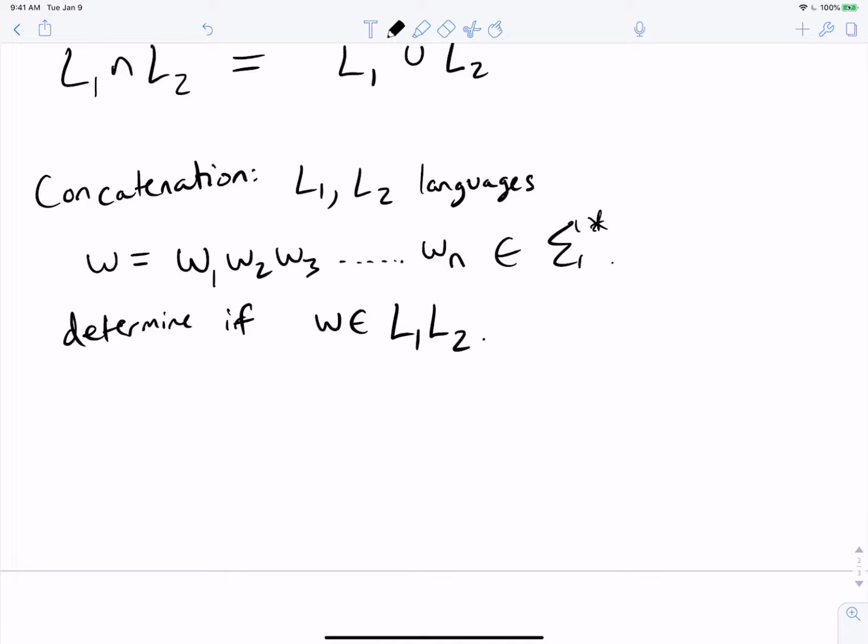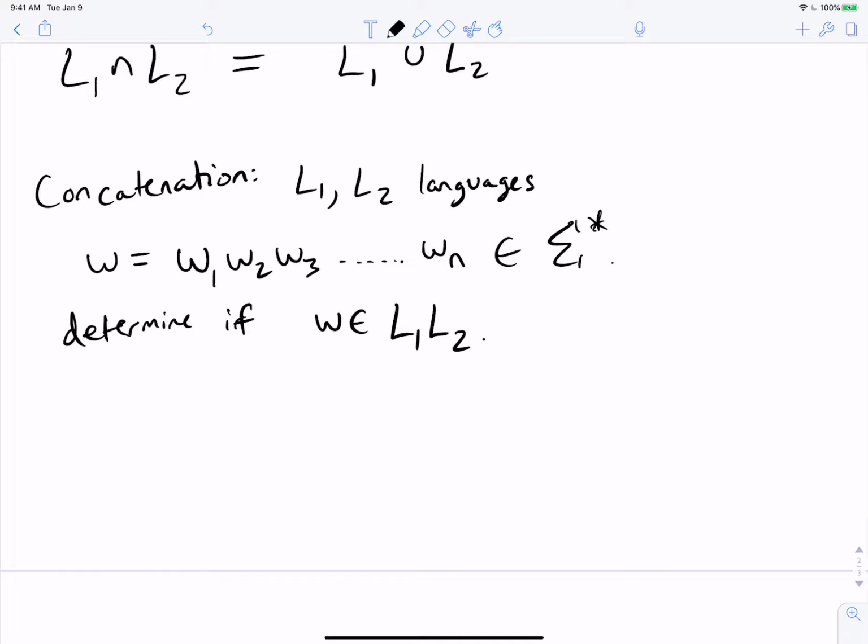Because a DFA would have to do that. If it was going to be made for the concatenation, it would have to determine whether it's a member of this, if we wanted to show that it's closed under concatenation.